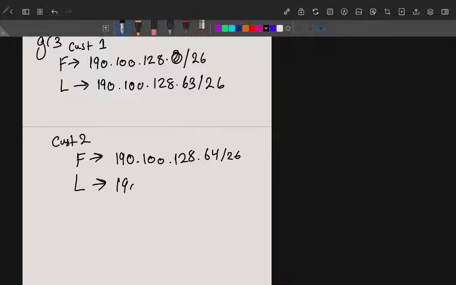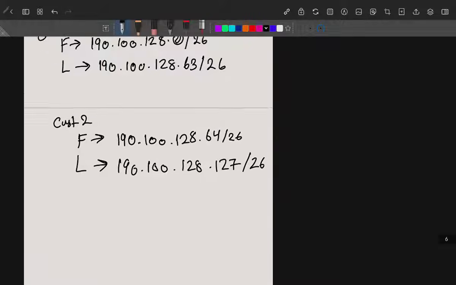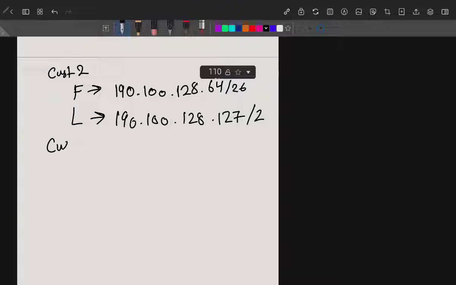Last address would be 190.100.128.127. Why 127? 64 plus 63 would equal 127/26.